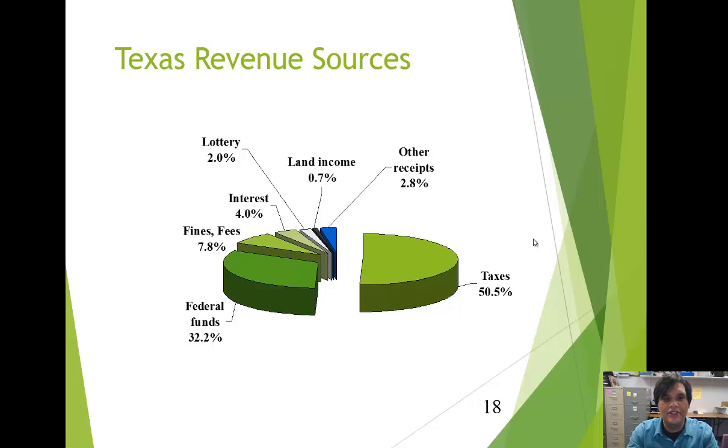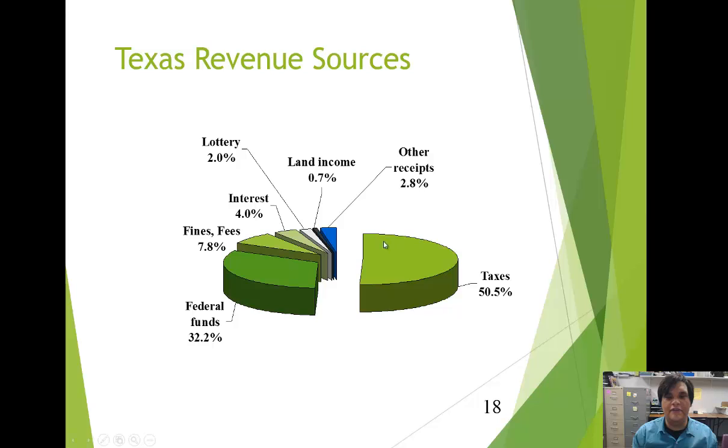All right, so this is where Texas gets its revenue sources. Like I said, I'm not sure quite of the date on this. This does kind of contradict the previous graph, but around half of its revenue does come from taxes. So it's not completely off of that last graph. It was around 45 to 50% from that last graph.